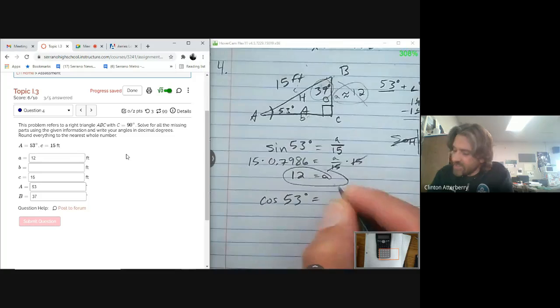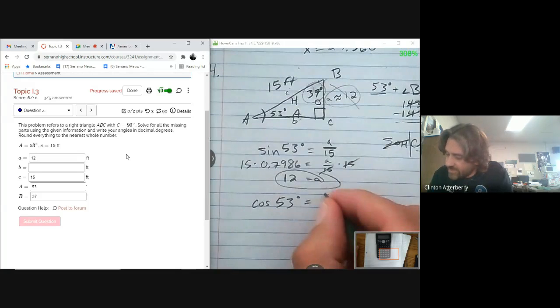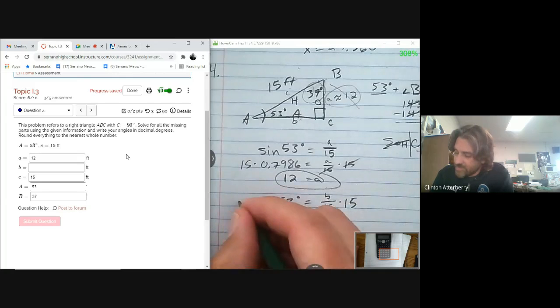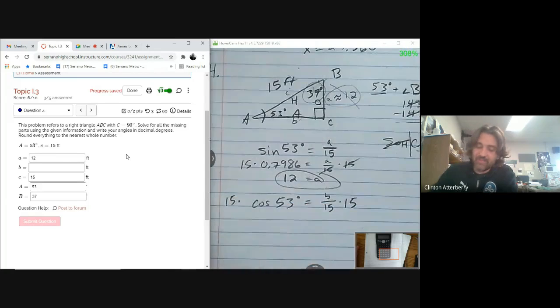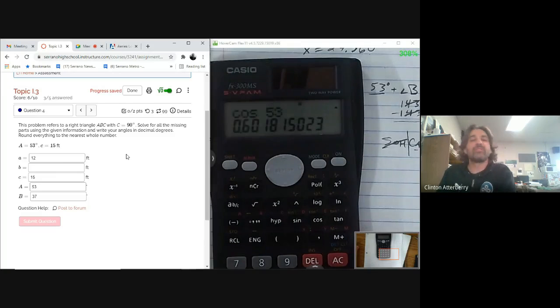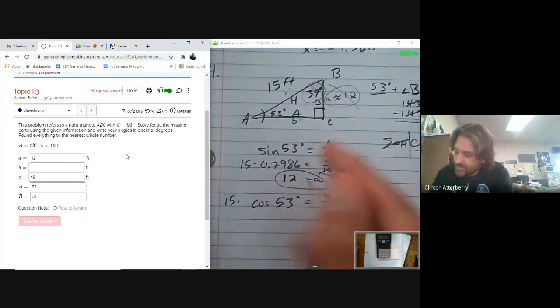That's going to equal B divided by 15, so adjacent over hypotenuse. I will multiply both sides by 15. After I do the cosine of 53, cosine 53 is equal to 0.6018.